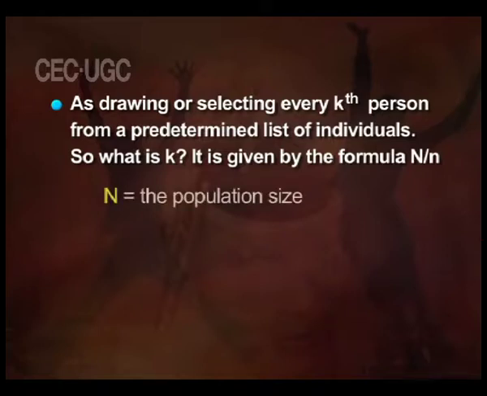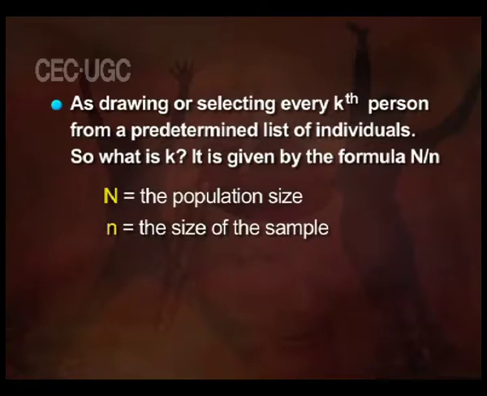Again, capital N stands for the population size, while small n represents the size of the sample required. Consider that we have 100 persons in a population and we want to select a sample of 20 from this population. Then K will be equal to 100 divided by 20, which gives us 5.